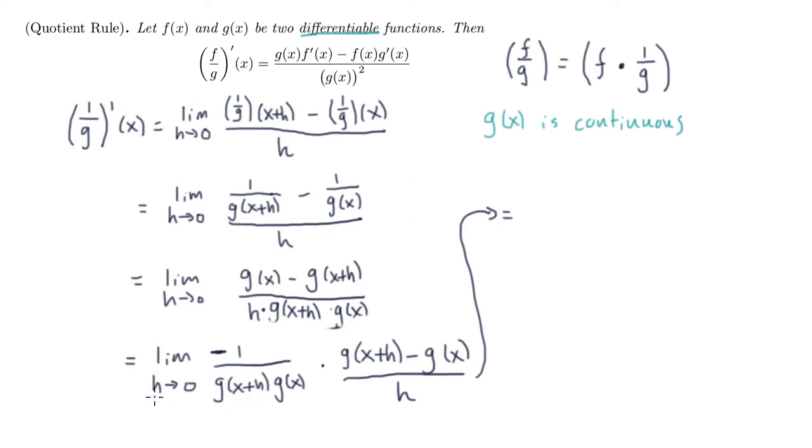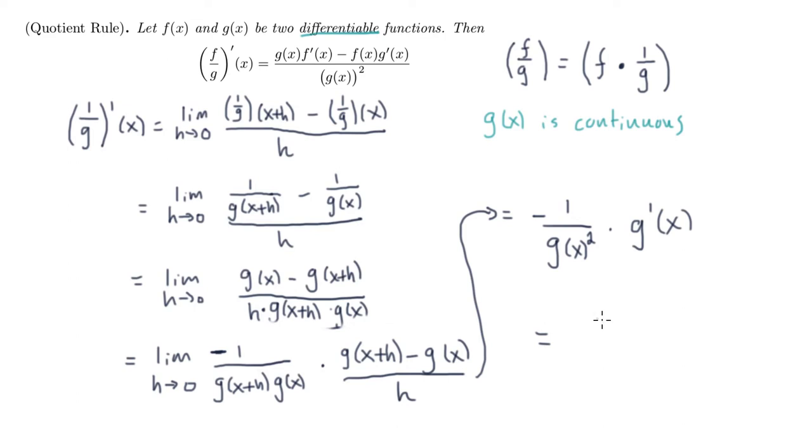So when I take this limit as h goes to 0, g of x plus h really just goes to g of x. So this is giving me minus 1 over g of x times g of x, so g of x squared, and then times this limit here, which is simply g prime of x.